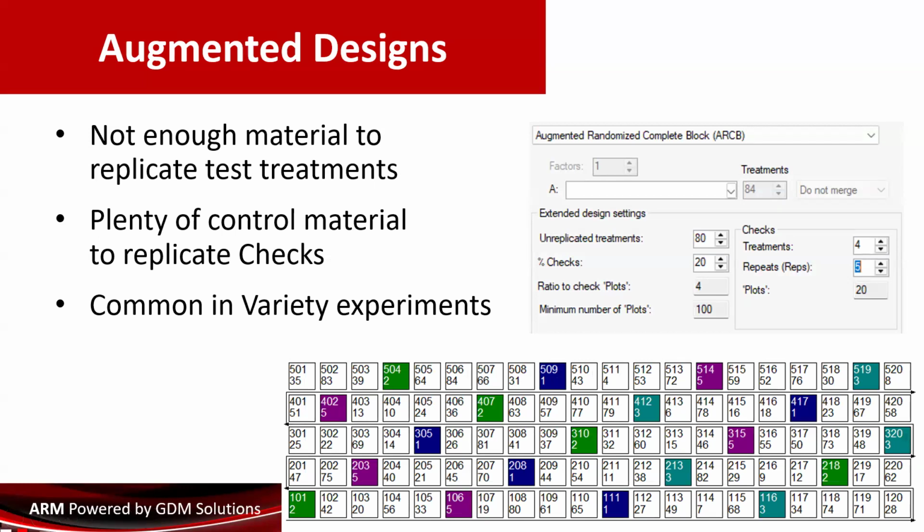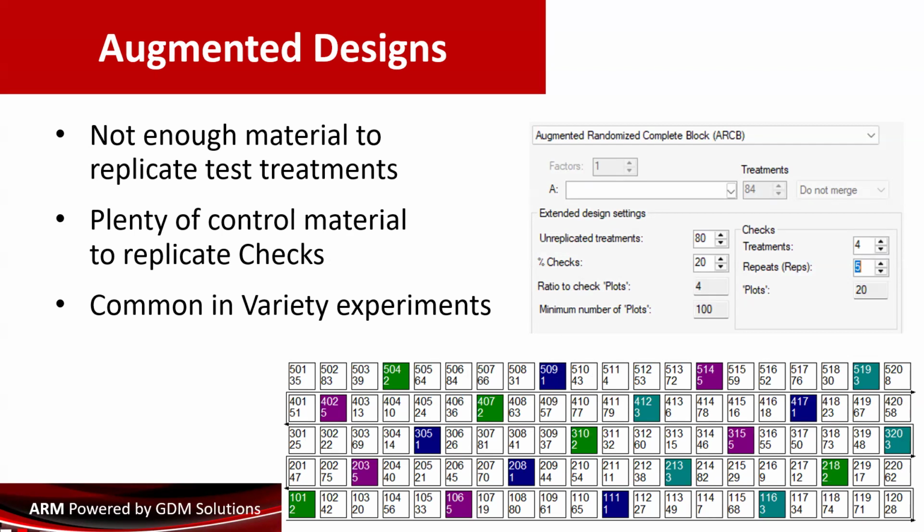And then finally, last design, as we're filling up our time, augmented designs. These are when you don't have enough material to replicate your test treatments, but you have plenty of control material. So you replicate how many checks you have in the field, and then you just have one for each test treatment in each replicate. Usually the request comes from variety experiments, maybe very early on when you don't have that much of the product.